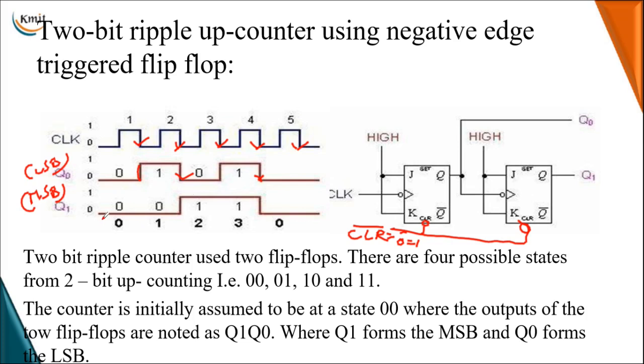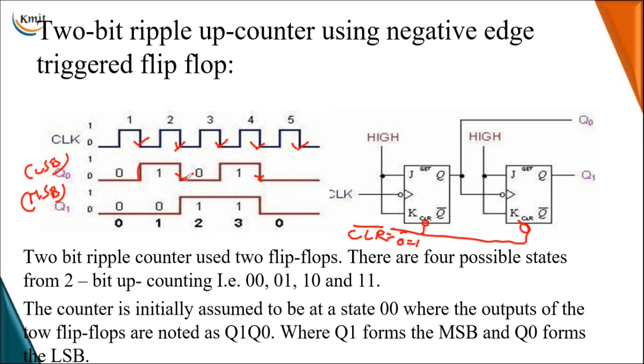Initially, the trailing edge comes after 2 cycles of the clock signal on the least significant bit. Since the clock input is at high state, not at the trailing edge, it continues its previous state as the next state up to the 2 clock cycles.